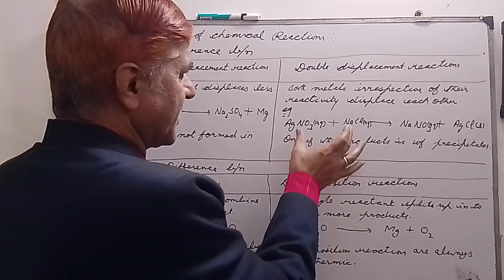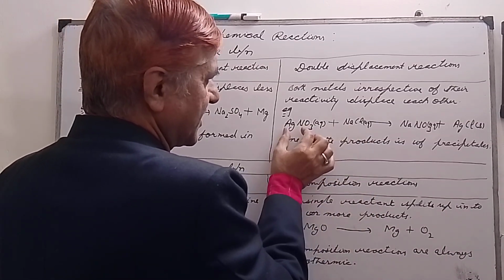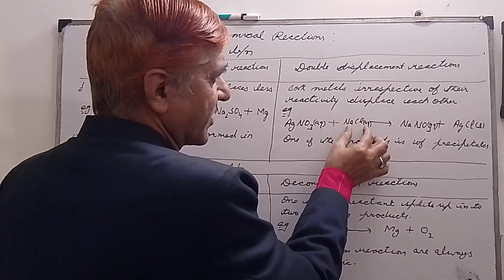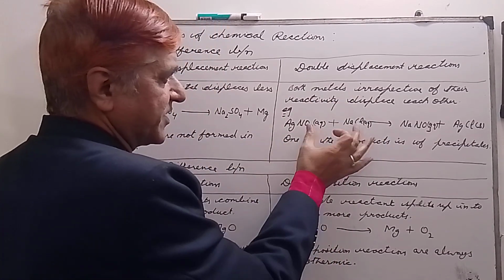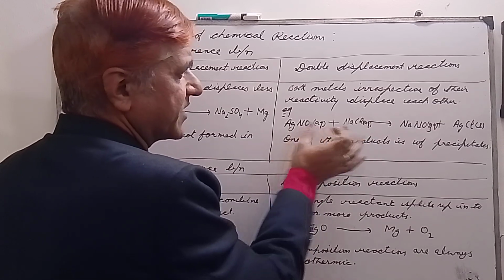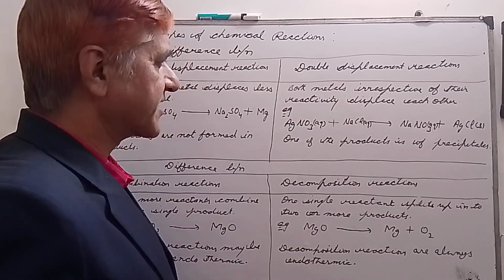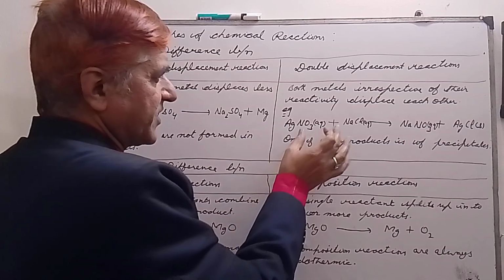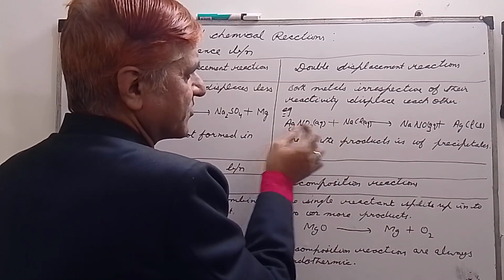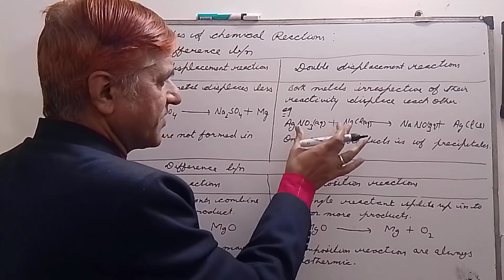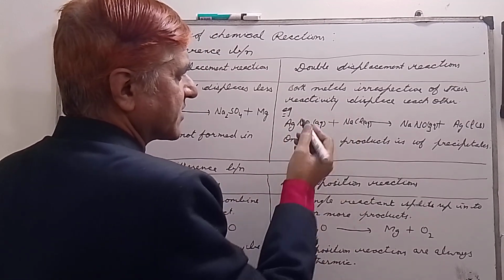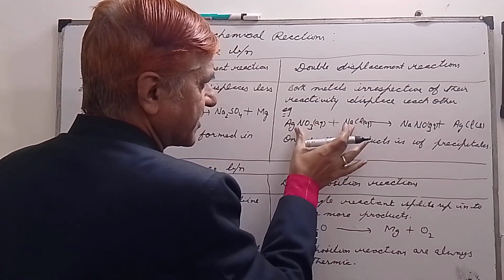For example, we have this silver nitrate salt and sodium chloride salt. I just told you that in double displacement reactions we take salts as reactants. So here we will not see which one is more reactive, because both will displace each other irrespective of their reactivity.